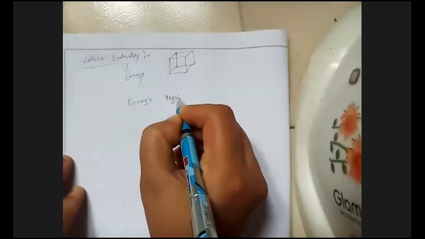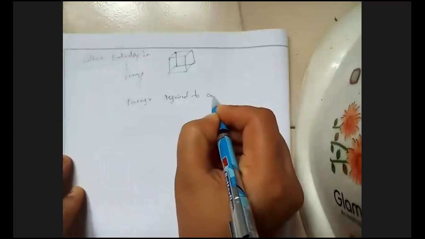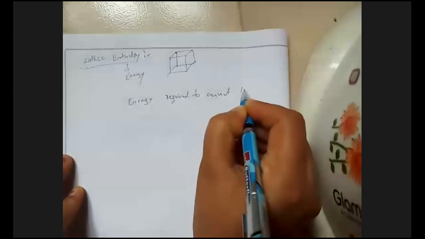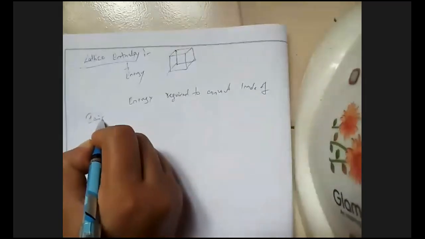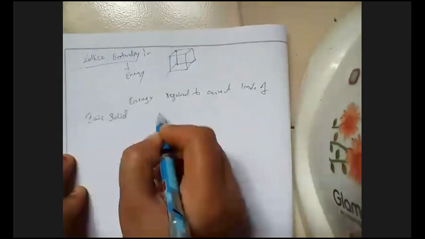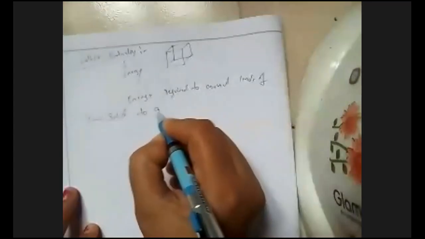So it's an energy required to convert 1 mole of ionic solid to gaseous. That is for lattice enthalpy.